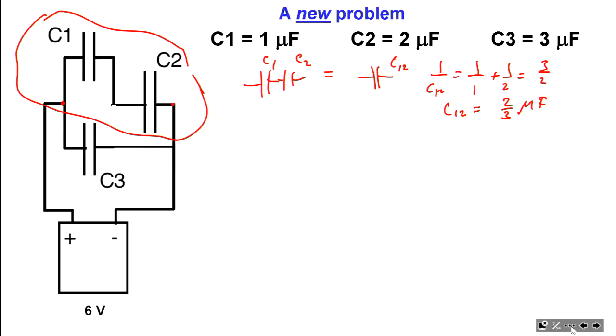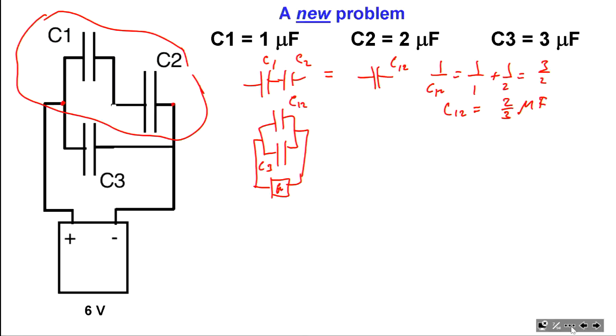Now we have to redraw the circuit. The new circuit now has to show only 2 capacitors and the battery. We didn't touch the battery, so it remains 6 volts here. We didn't touch capacitor number 3, it remained the same. But now we have replaced two capacitors, 1 and 2, with one capacitor, C12. And now these two capacitors are in parallel. Now we can see it.